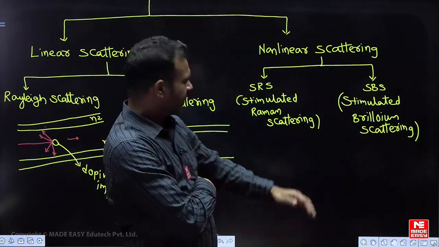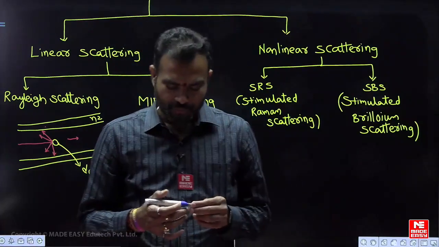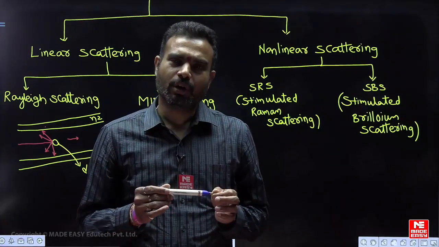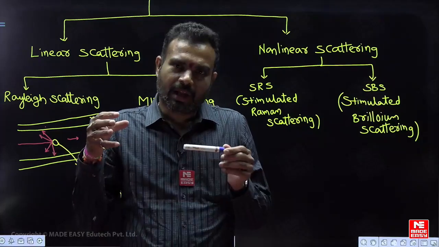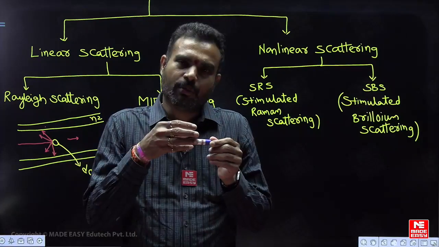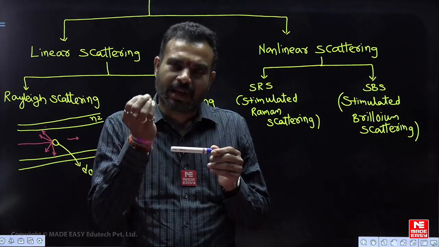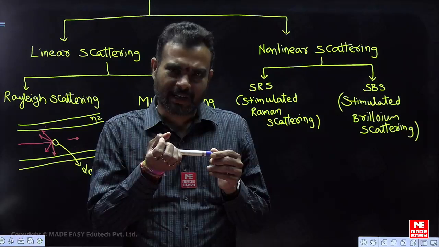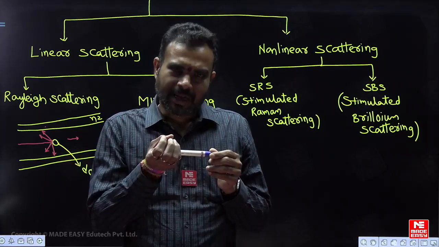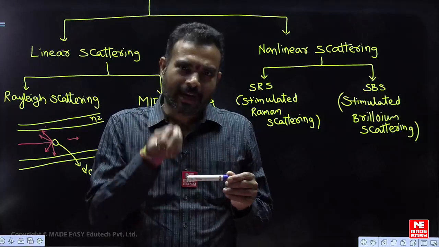Please understand. First of all, I am explaining SRS, it will be pointed out clearly in the notes. Whenever we talk about SRS, stimulated Raman scattering, when light passes through the optical fiber cable, the glass molecules absorb that light energy, get excited with that energy and move with random fluctuations.